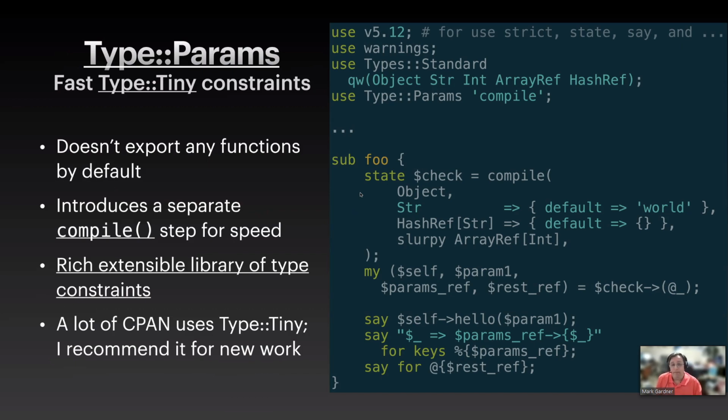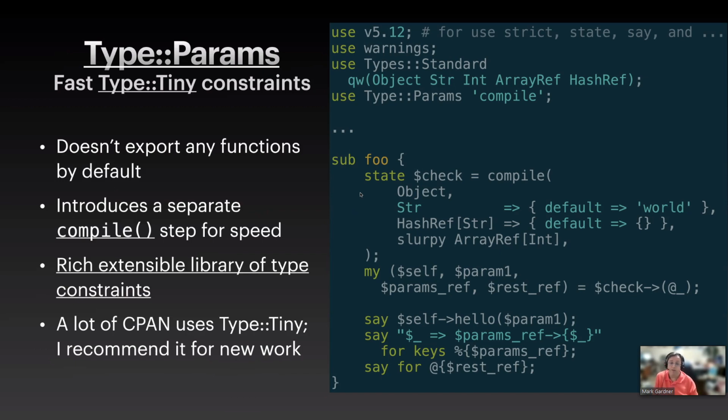As we can see with this foo function we have here, it's doing that compile step at the beginning where it's saying your specification: first value has to be an object. The second parameter has to be a string, which defaults to world. The next one is a hash ref of strings, which defaults to an empty hash ref.